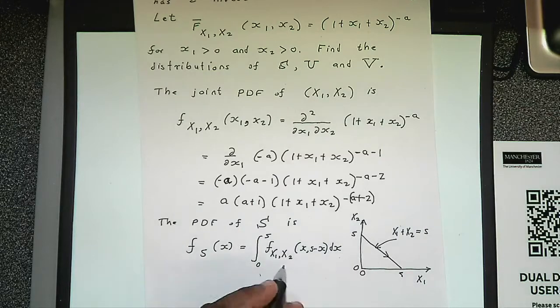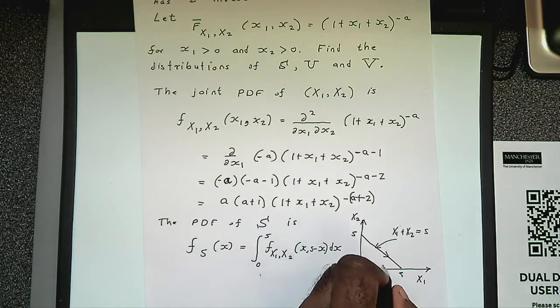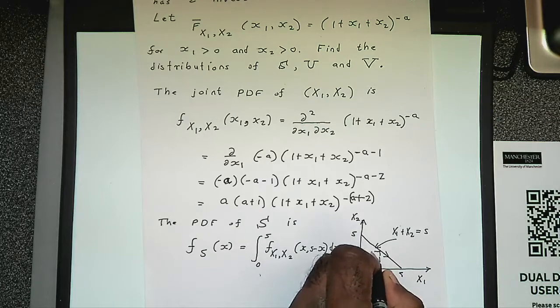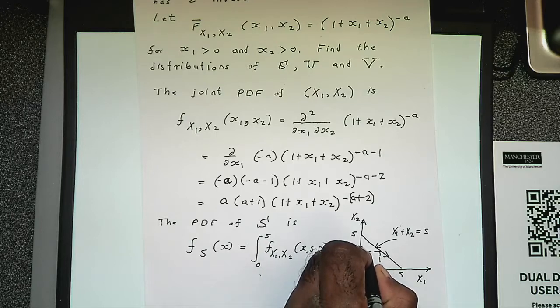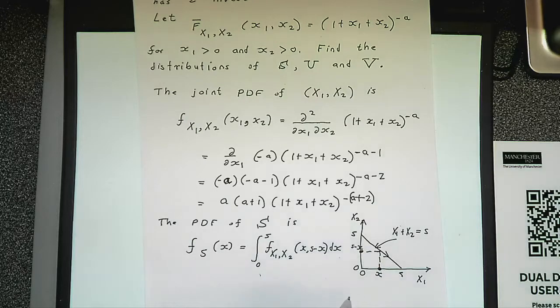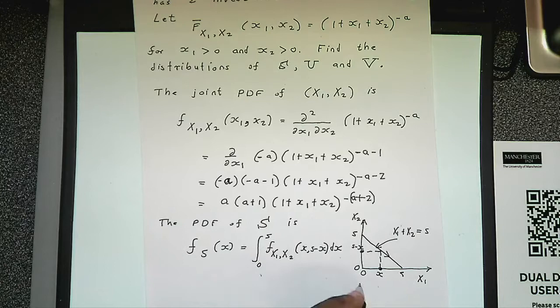So you're integrating, you should take this to be x. The value of this will be s minus x, right? So if x1 is equal to x, x2 will be s minus x, because they must add up to s, right? So the PDF of s is just basically the integral of this for x from 0 to s, right?